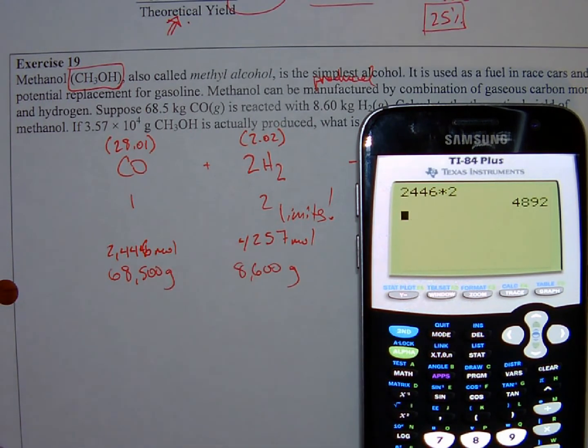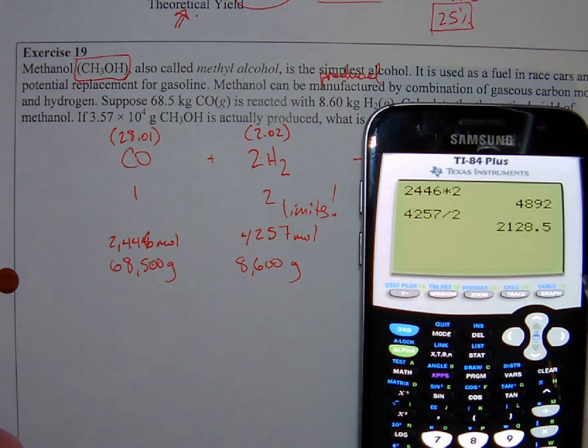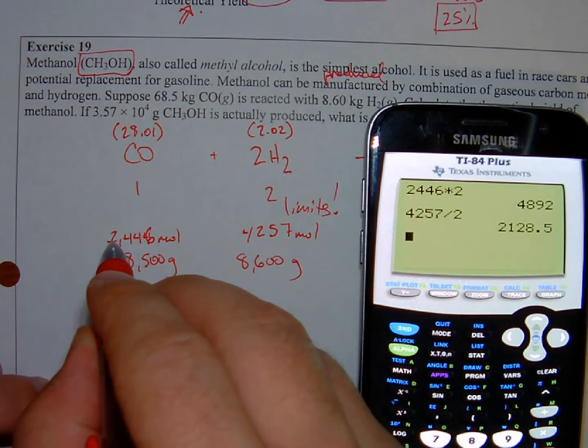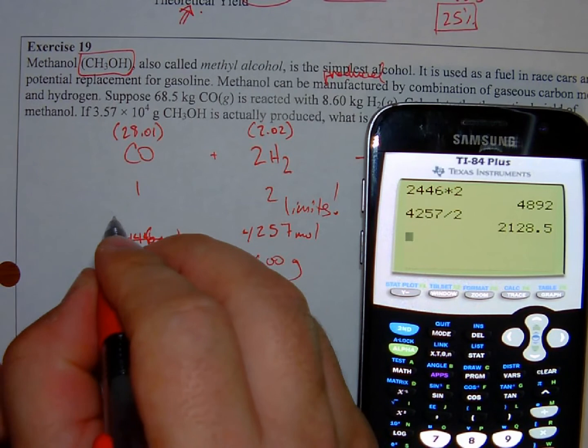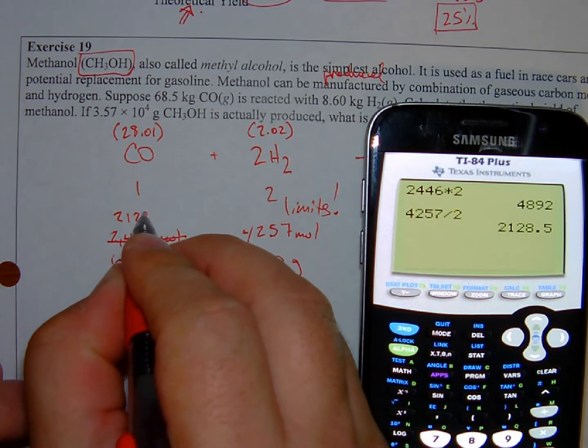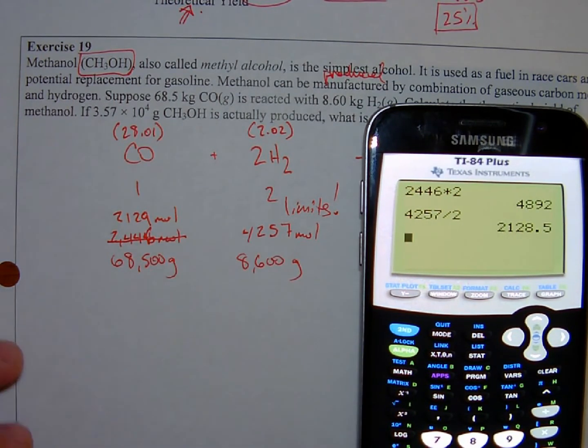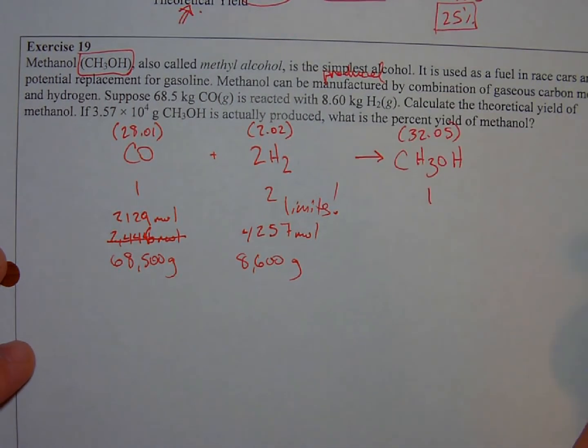So let's go 4,257 divided by 2. I'm going to call that 2,129. So I'm not going to react this much, I'm going to react that much. That's how much is actually going to react.